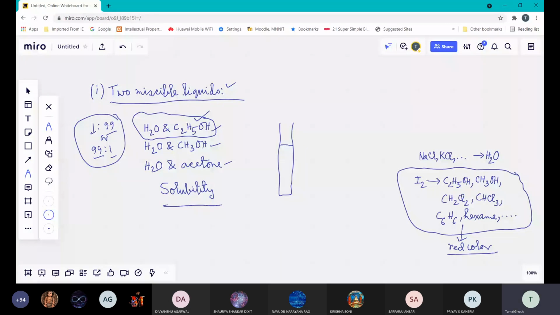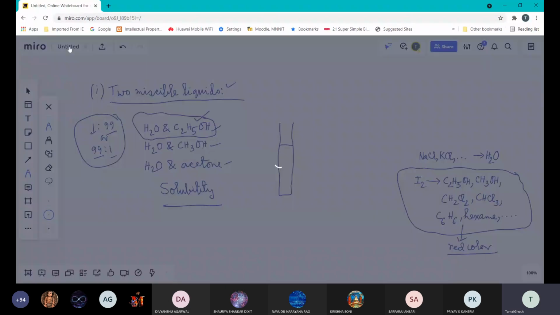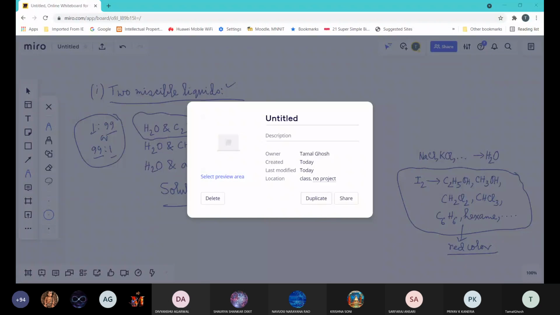Now we'll use this solubility property to understand how many phases are existing in this particular system. So we'll stop here and continue next class.